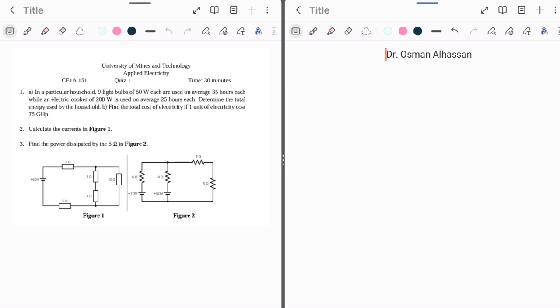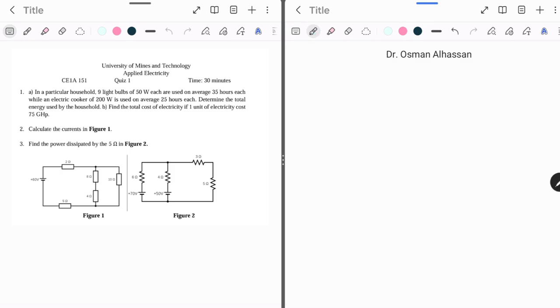I'm going to solve question 2 using nodal analysis. Then question 3, I'll be using Thevenin's theorem. So let's get started. Now I'm starting with question 1.